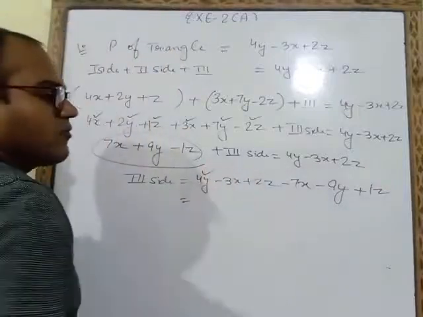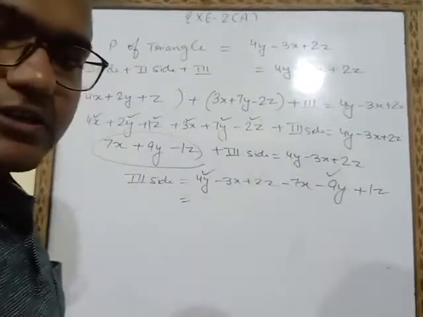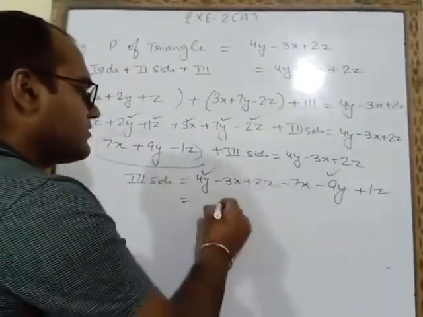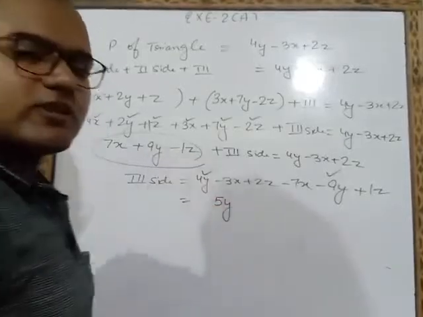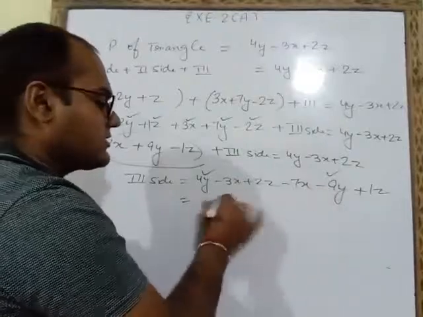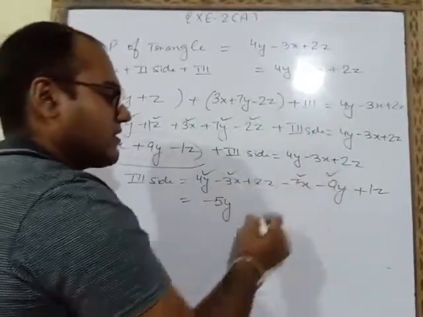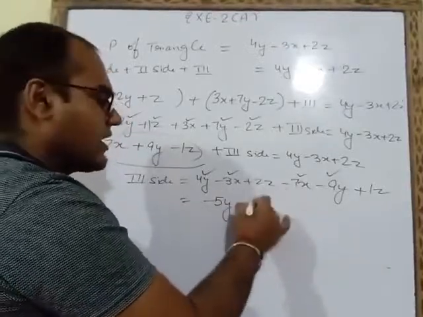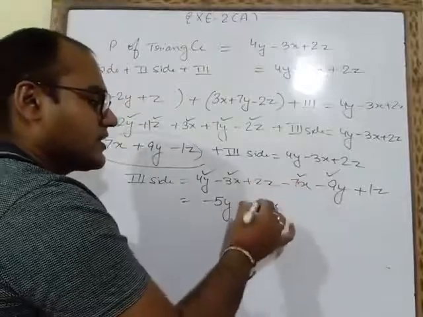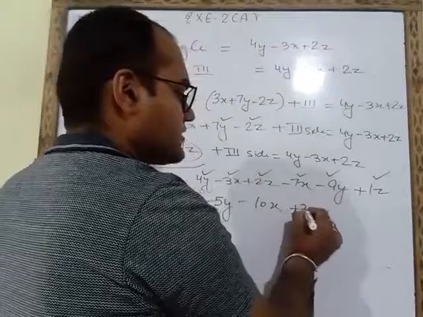Now this is 4y minus 9y, plus minus minus, so we will subtract. On subtracting these two we get 5y, and you have to put the sign of the greater number out of 4 and 9. 9 is greater, 9 is having minus, so we will put a minus sign. Minus 3x minus 7x, minus and minus, so we will add these two to get 10x. Which one is greater? 7 is greater, minus sign we will take. Plus 2z and plus 1z will be plus 3z.